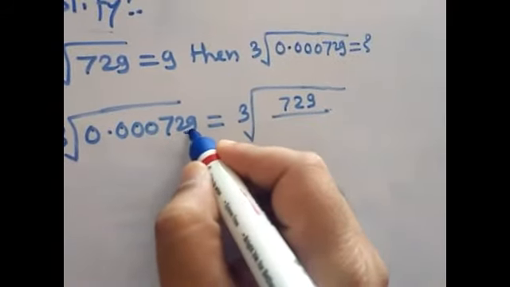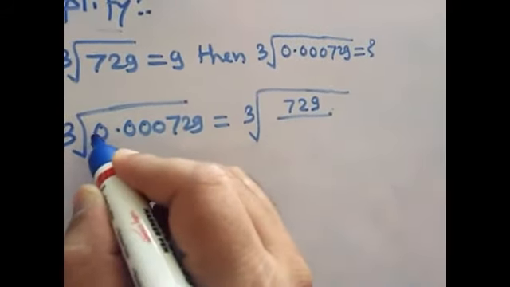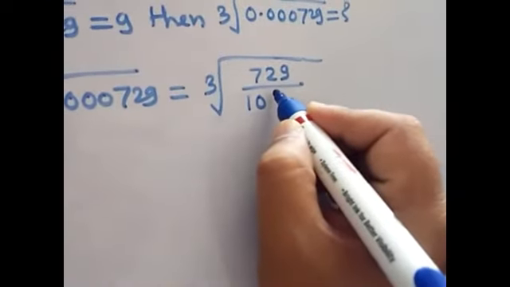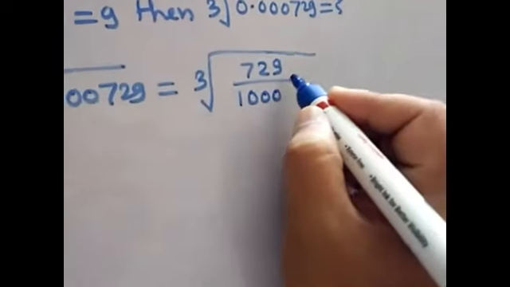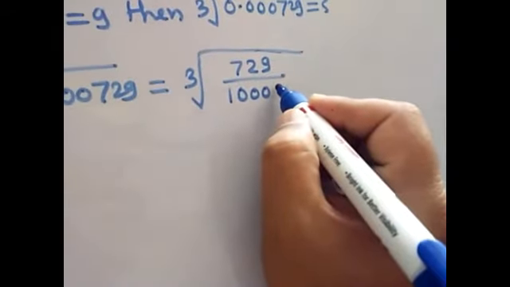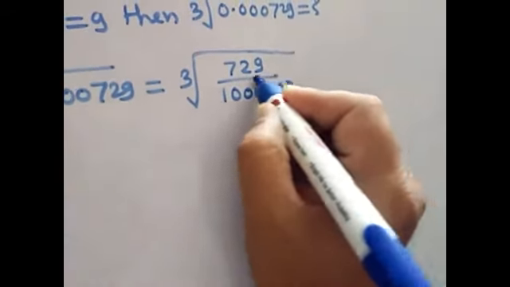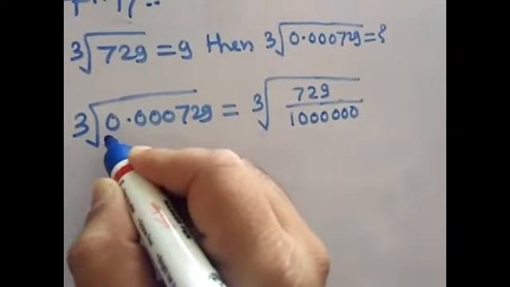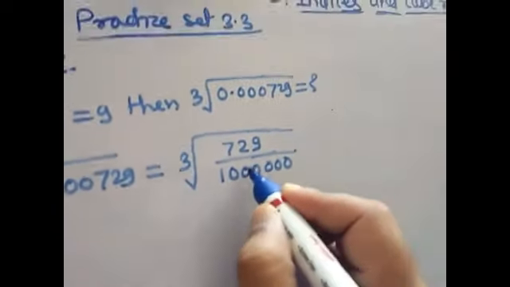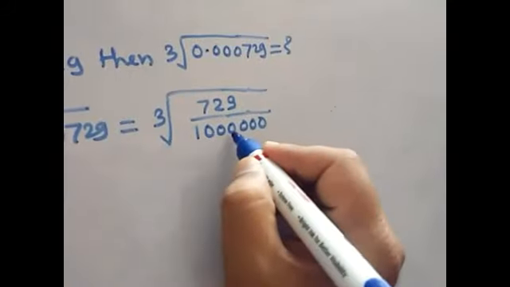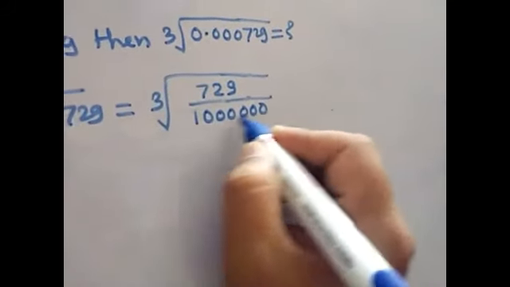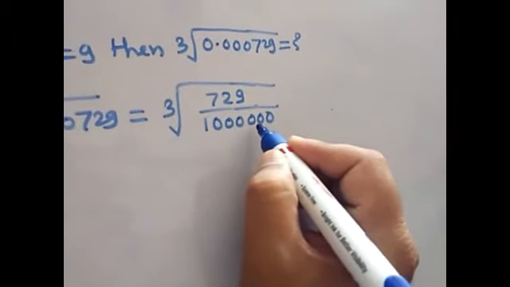Counting the decimal places, 1 2 3 4 5 6, we place 1 followed by six zeros, 1000000, in the denominator in place of the decimal.